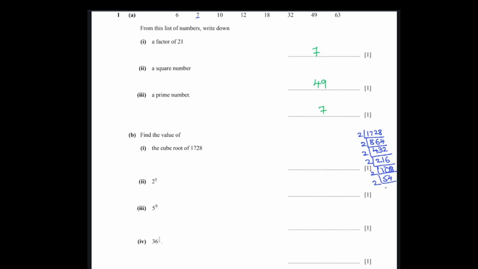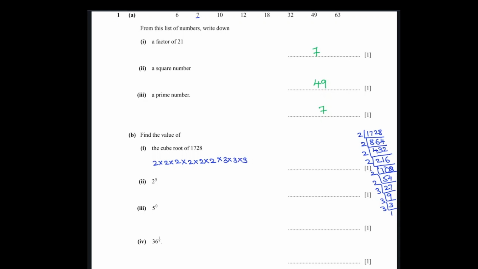Then 2 2s are 4, 2 7s are 14. Then 3 has to be taken, 3 9s are 27. Then 3 3s are, then 3 1s are. So the prime factors are 2 into 2 into 2 into 2 into 2 into 2, that is 6 2s, and 3 into 3 into 3.